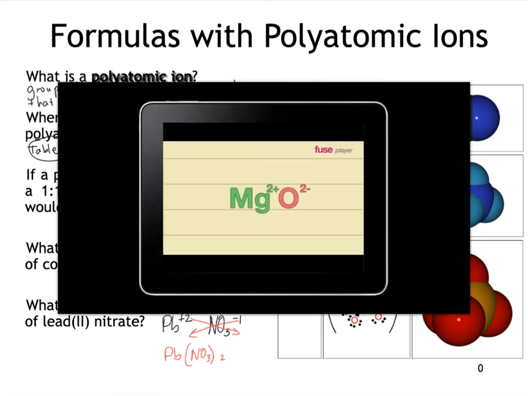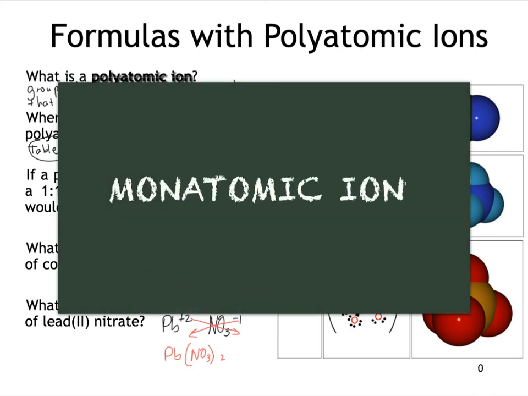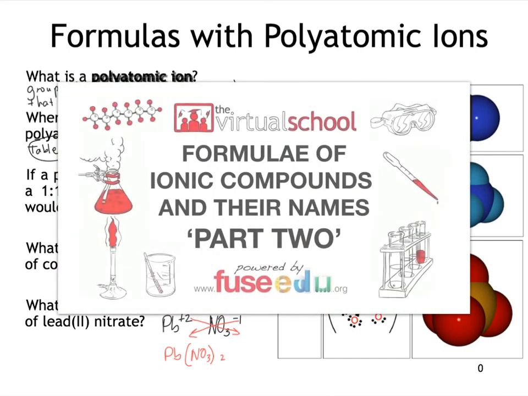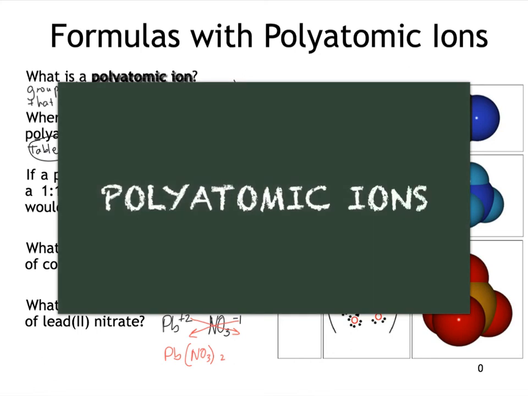We have previously learned how to name ionic compounds and deduce their formula from the ionic charges. For all the ions in the examples provided, they have one thing in common. They are made of one atom and are therefore known as monatomic ions. In this lesson, we will learn how to name and deduce the formula of ionic compounds made from polyatomic ions.